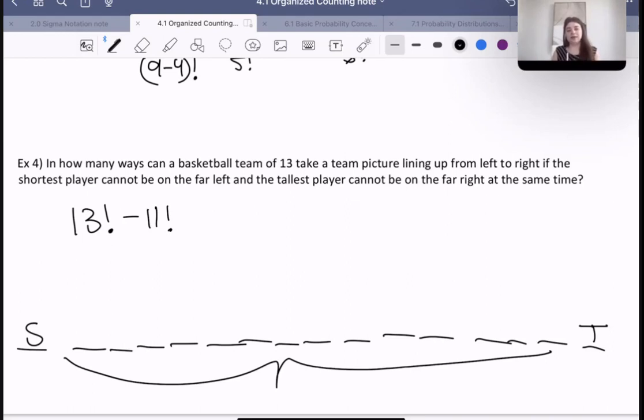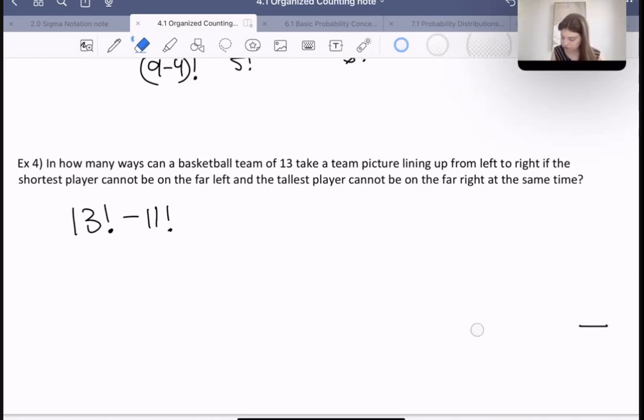So basically we're saying here's 13 factorial, that's all the ways they could do this, minus 11 factorial, which is all the ways that they could do it if the restriction was violated, right? And that's a common way we'll do things when we do have restrictions: we'll take the total number, then subtract off the things that cannot be true, and then we're left with whatever is true in the situation or whatever is allowed.